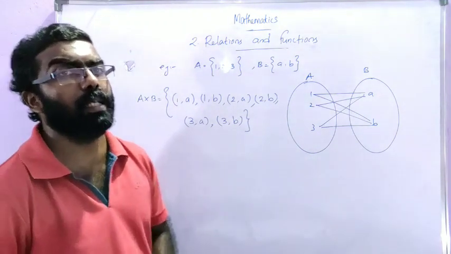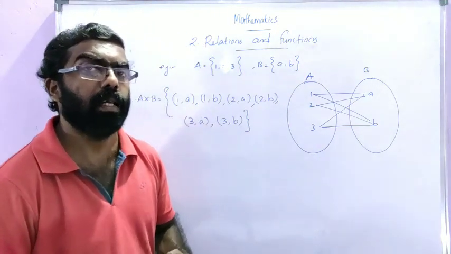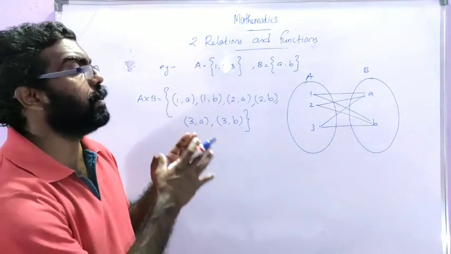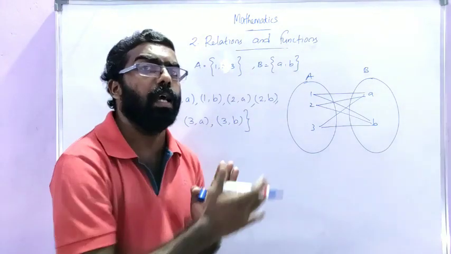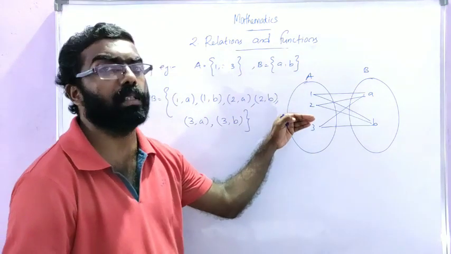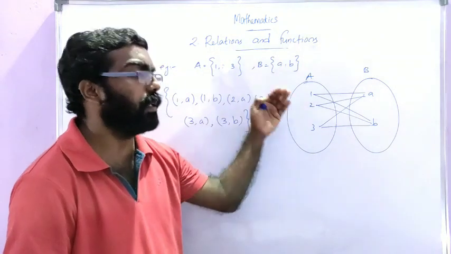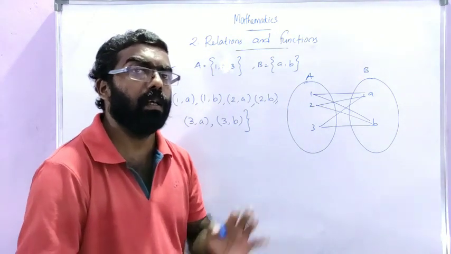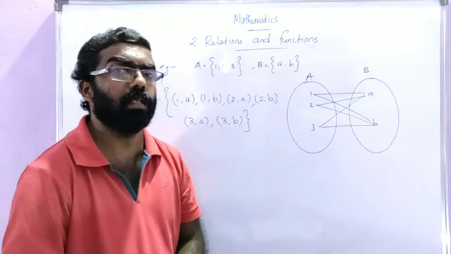So A cross B is the set of all ordered pairs of elements from A and B. Fix a number from the first set and group it with the elements in the second set, and take another number from the first set, then make pairs with the other set. Then take the next number from the first set and also make pairs from the second set.